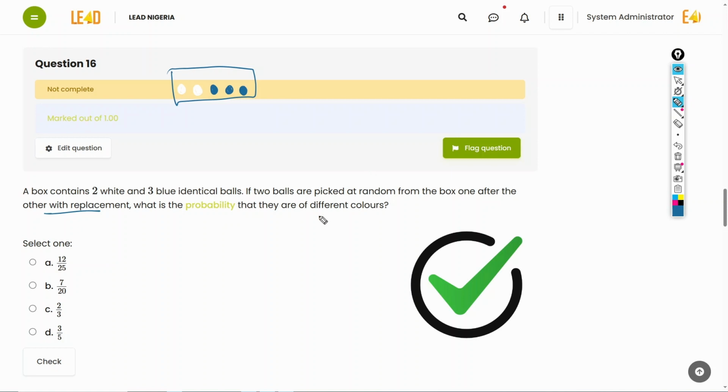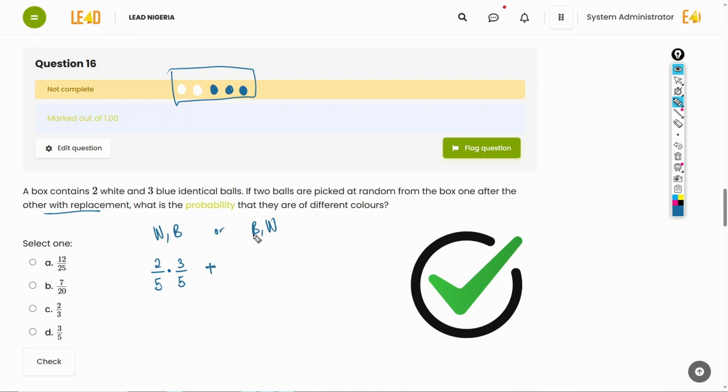All right, probability that they are of different colors. There are 2 ways it can happen. Either you have a white and then a blue, or you have a blue first and then a white. So first scenario, probability of drawing a white is 2 out of 5. Probability of drawing a blue, because you replace the ball, the system remains the same, so it would be 3 out of 5.